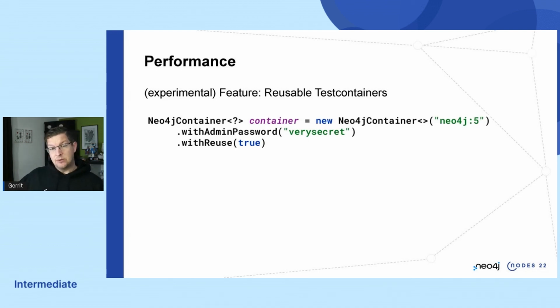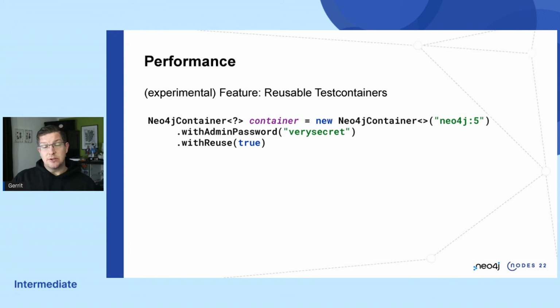The only thing I have to do, and this is the generic container API again, is to add this with the reuse and set the flag to true. This would be defined for the test case. It also gives you the option that if another colleague or CI wants to run it with reuse enabled, they can.